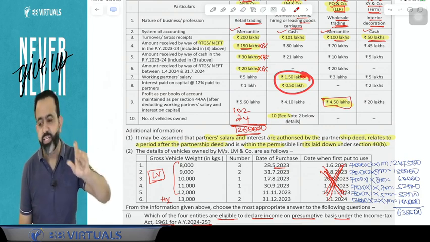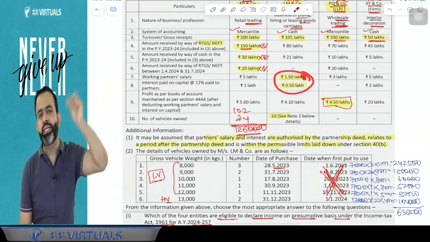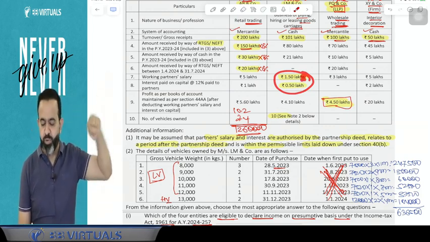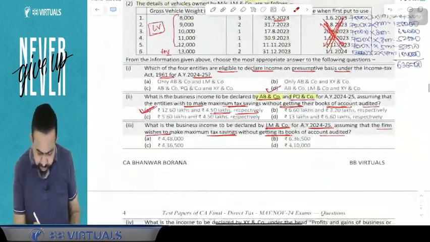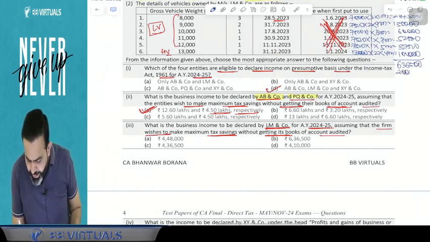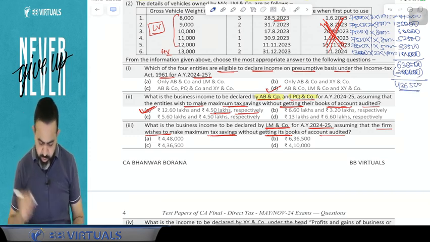If you check the section carefully, in 44AE remuneration and interest to partners is allowed, but in 44ADA it is not allowed. So 2 lakh will be reduced here. That remuneration and interest is going to be allowed, so the remaining is 4,36,500. This is your right answer.